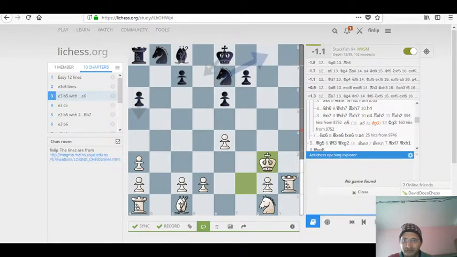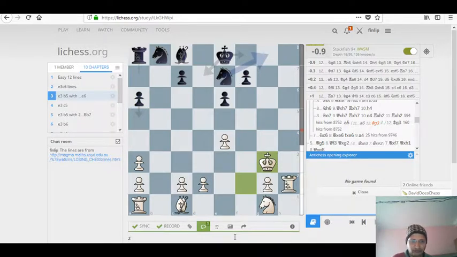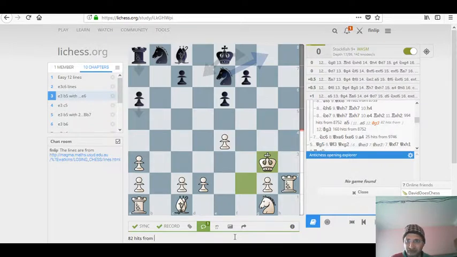So in this position again, let's see how many lines there are. Control F, find all in the current document. So 82 hits from 8912.